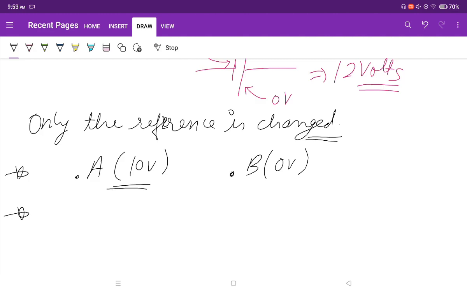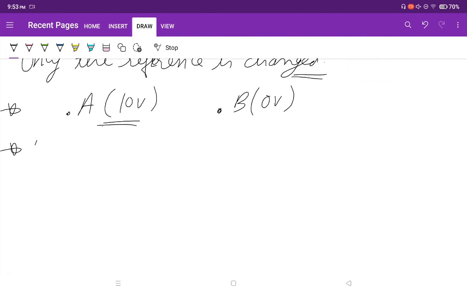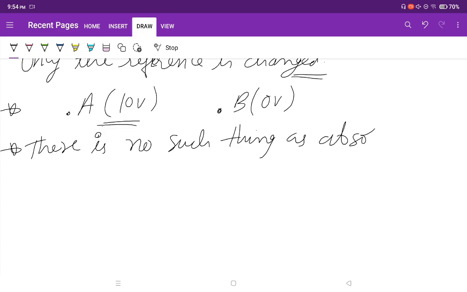So there is no such thing as an absolute electric potential, correct?